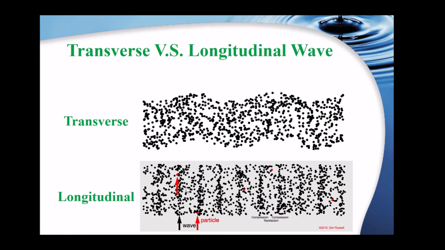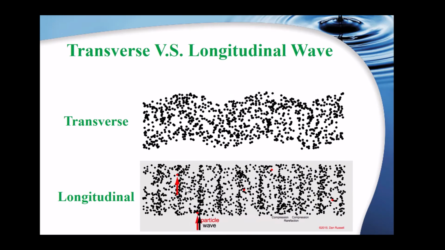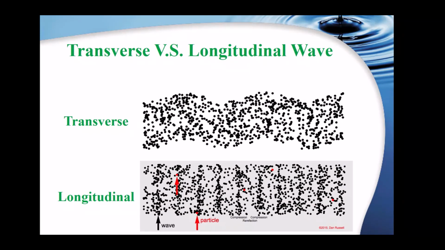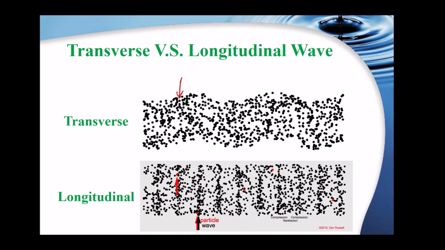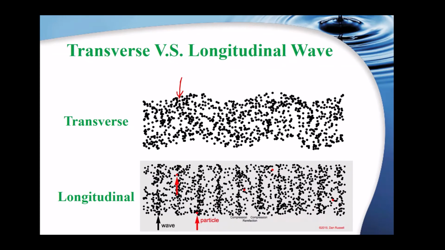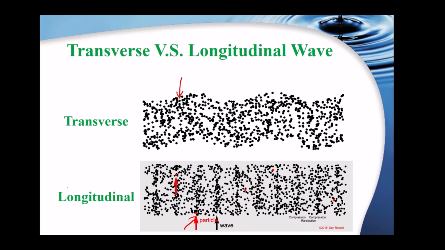If you look at this animation, for a transverse wave, if I stare at one particular particle, let's say this one, you can see that it moves up and down. But if you look at a longitudinal wave, let's stare at the particle highlighted over here. You can see that it's moving left and right, which is parallel to the direction of wave travel, in this case to the right hand side.